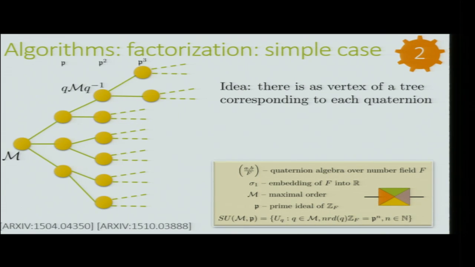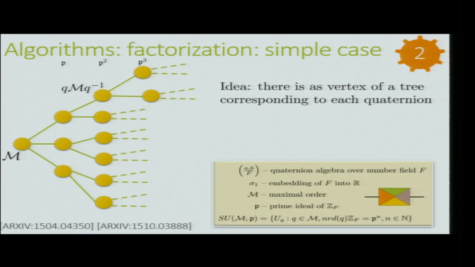In a very simple case, your neighbors correspond to being able to move by conjugating by quaternions of prime length. I can also give you an example for this LPS example.